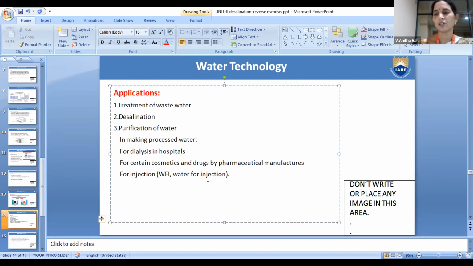When we are preparing injections, we use this water. So very good applications are there for the reverse osmosis process. Finally, we can use this water for domestic purpose and industrial purpose.